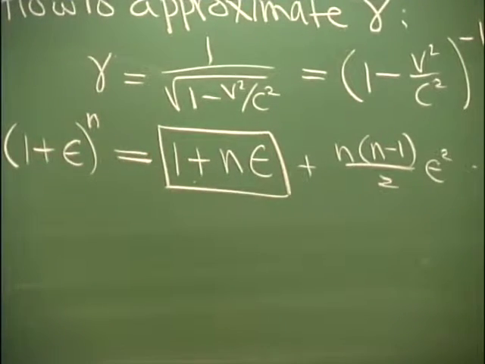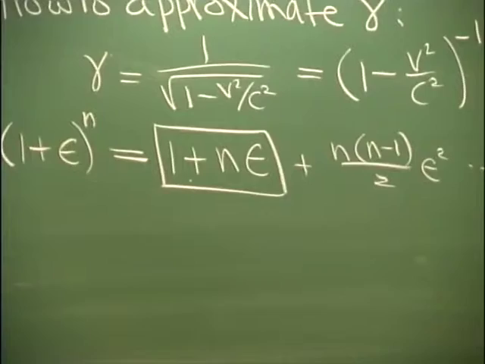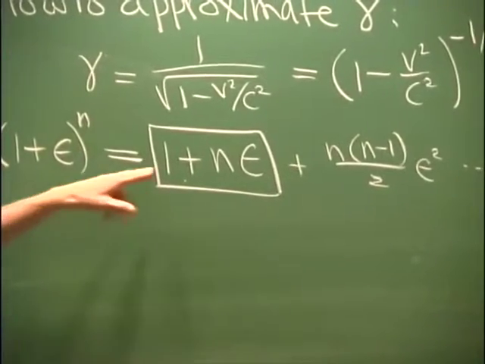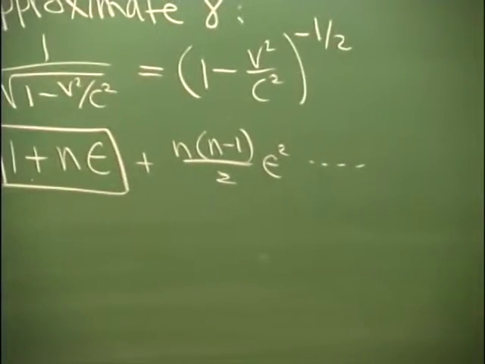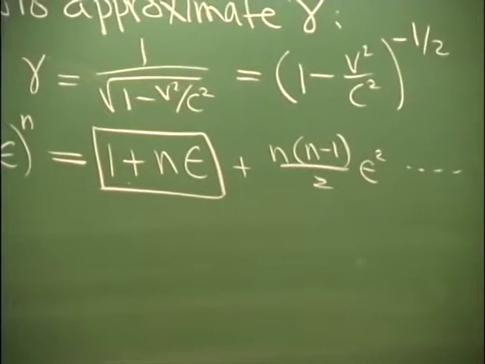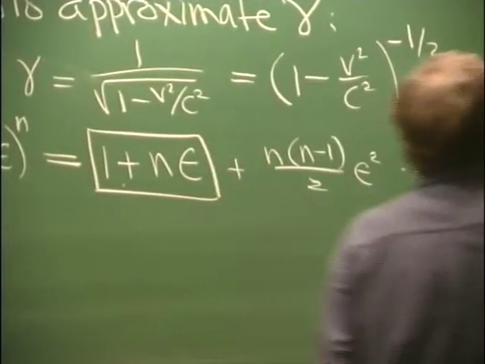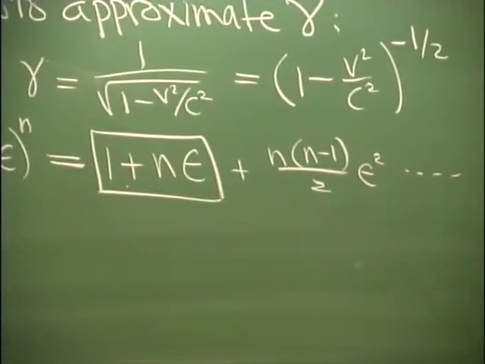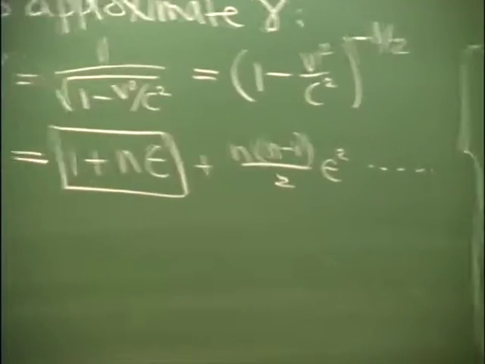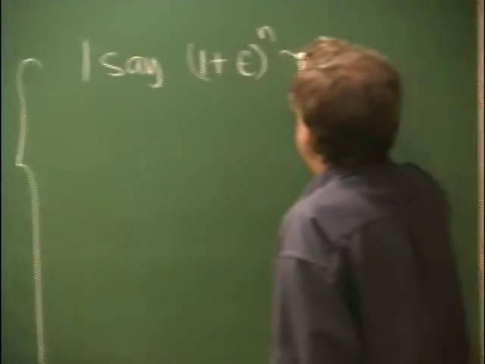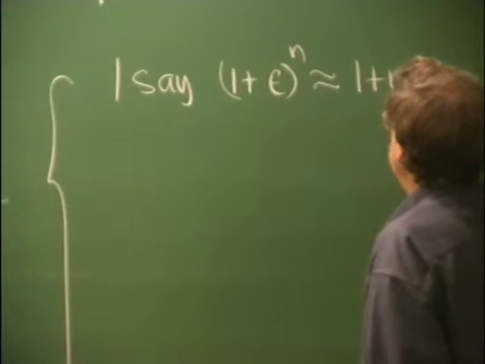I claim that 1 plus epsilon to the nth power is approximately equal to just plain 1 plus n epsilon, for small epsilon. How does this work? Let's check it.